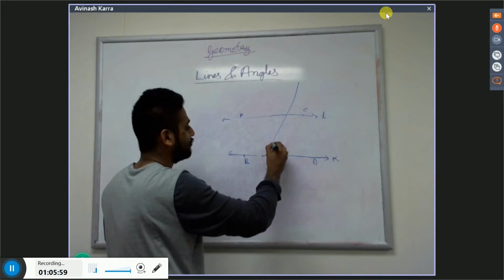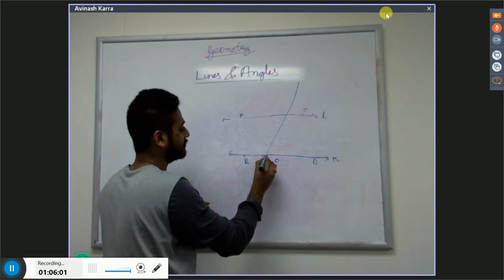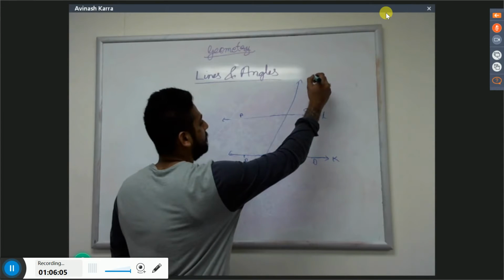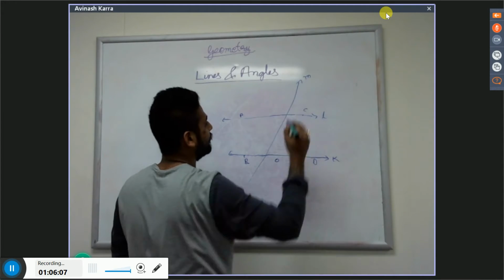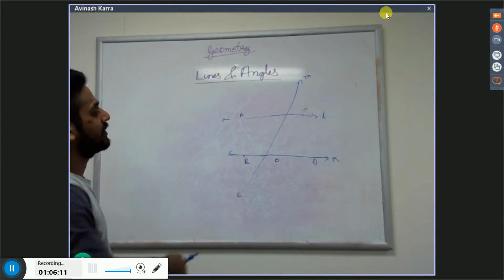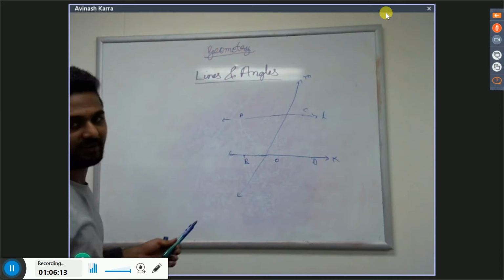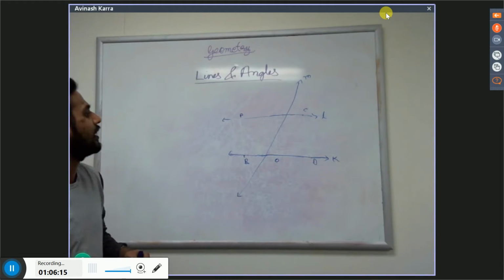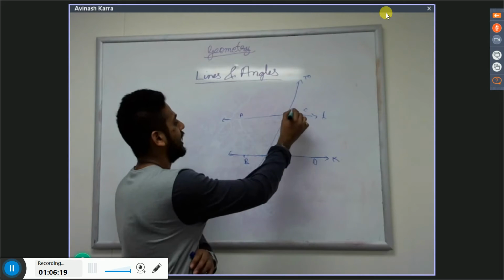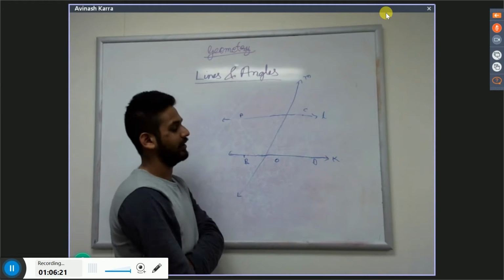Let me draw one figure first. Please listen to this one clearly. There is a line M which goes across like a crossway. Because of this, how many angles are formed on line L and line K?